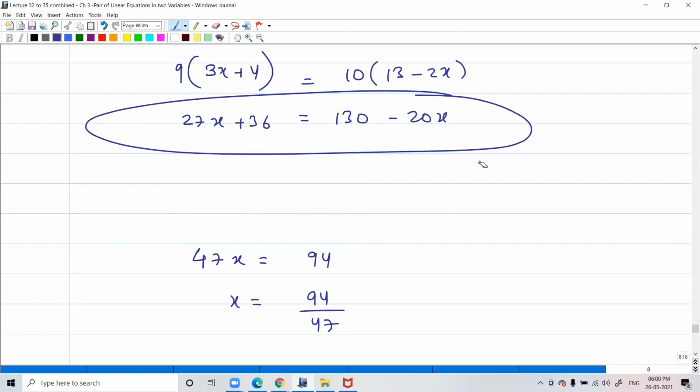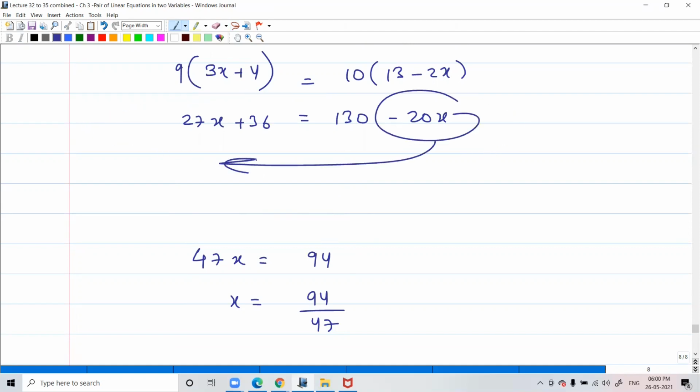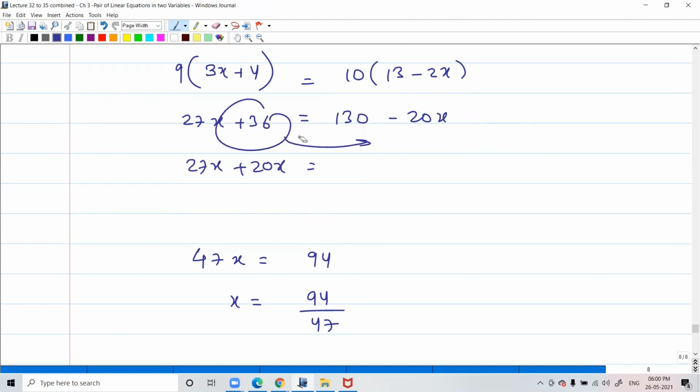Okay. So after this, what am I doing? Transposing this to the LHS. So 27x plus 20x, and this 36 I'm transposing to the RHS. So it becomes 130 minus 36. Okay.